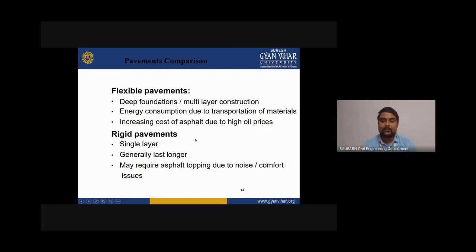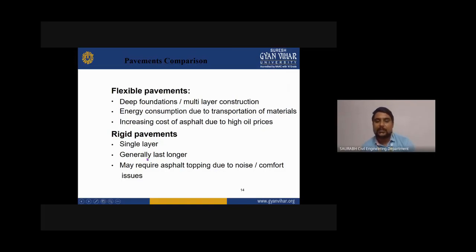In rigid pavement, you only have to make a single layer for the road. Energy consumption due to the transportation of material happens in the flexible pavement, but rigid pavements generally last longer. You can say the durability and lifespan of rigid pavement is much better than flexible pavement.